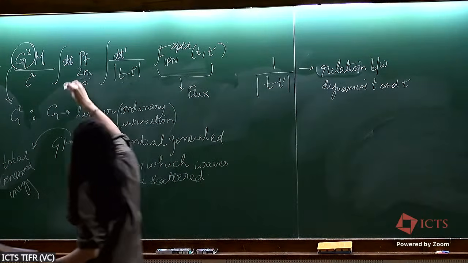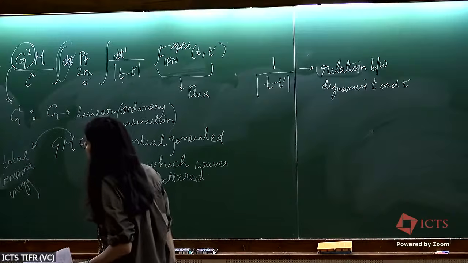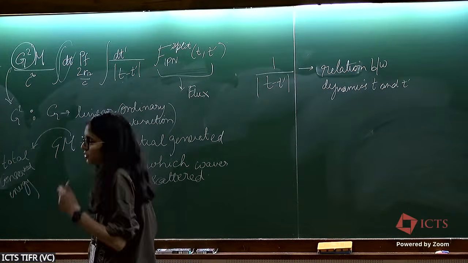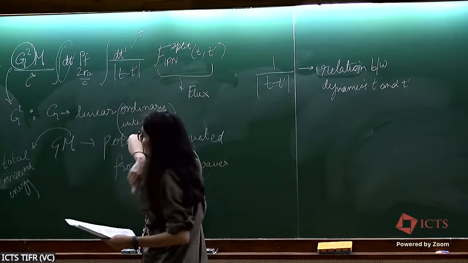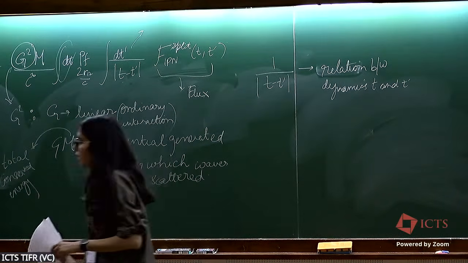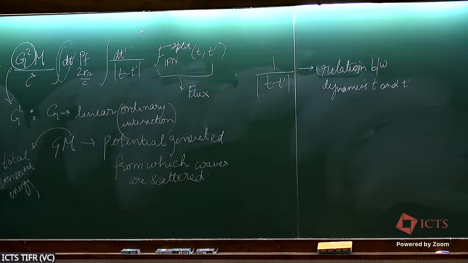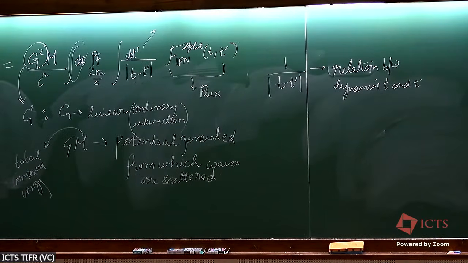And this integral over t is nothing but the action, dt times L. And this dt prime, the second integral, is actually capturing the effect of the entire path at that particular point.